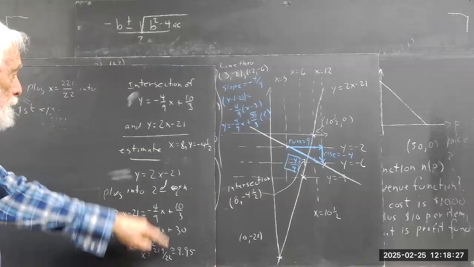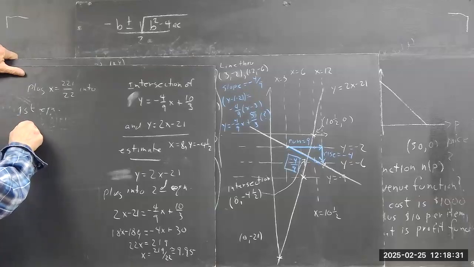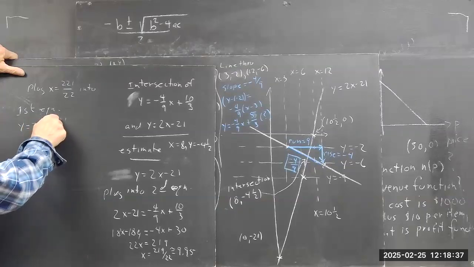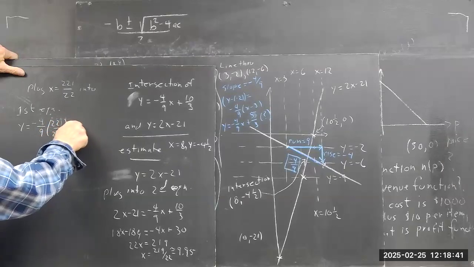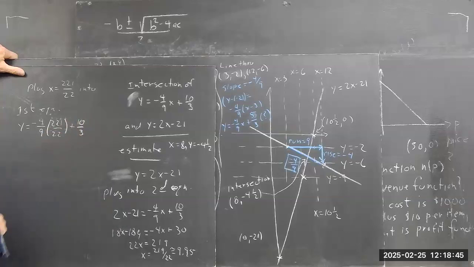Then we plug this value of x into this equation. And we get y equals negative 4/9 of 221 over 22 plus 10/3.